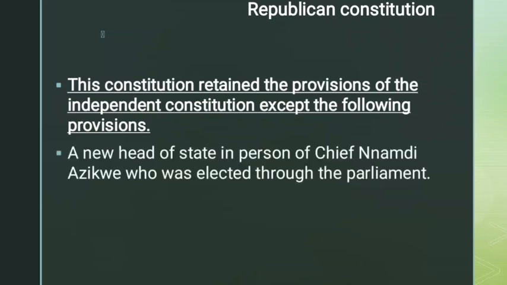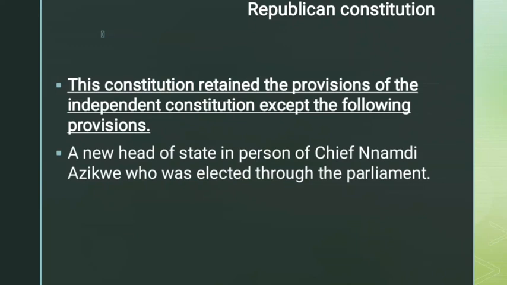Now, in 1963, we had a new head of state. Nigeria became a republic, and a republic is always controlled by an elected leader. So we had an elected leader in the person of Chief Nnamdi Azikiwe, who became the president of the country, although he was a ceremonial president.